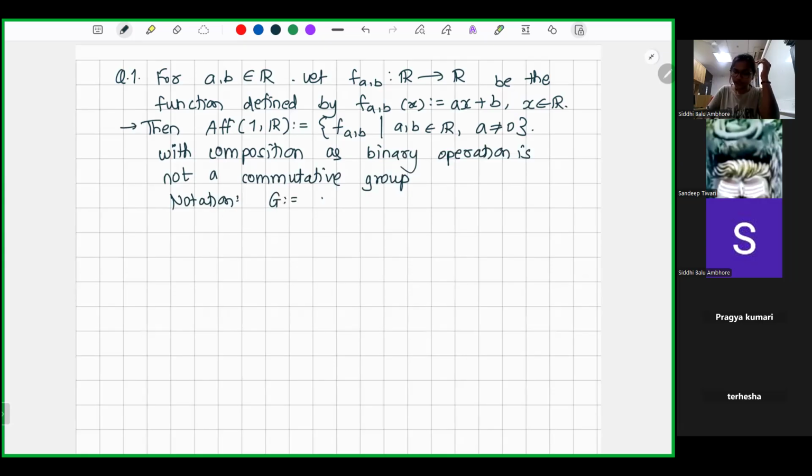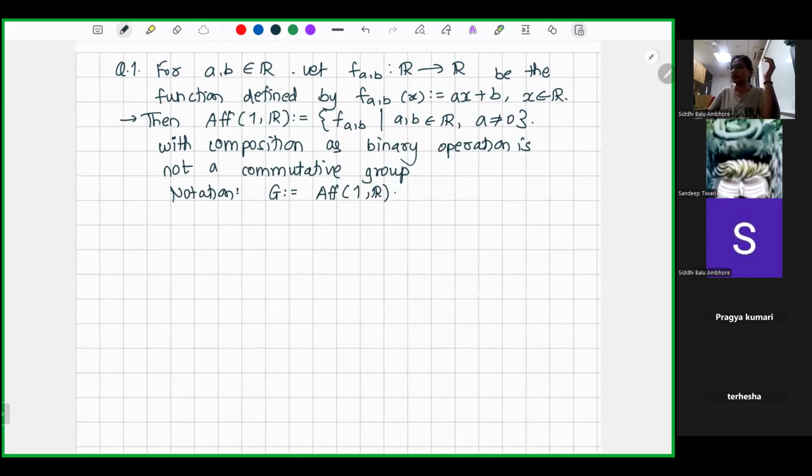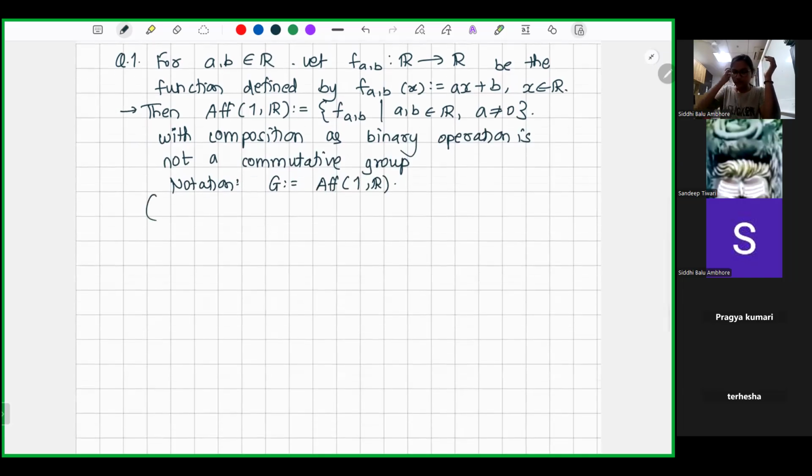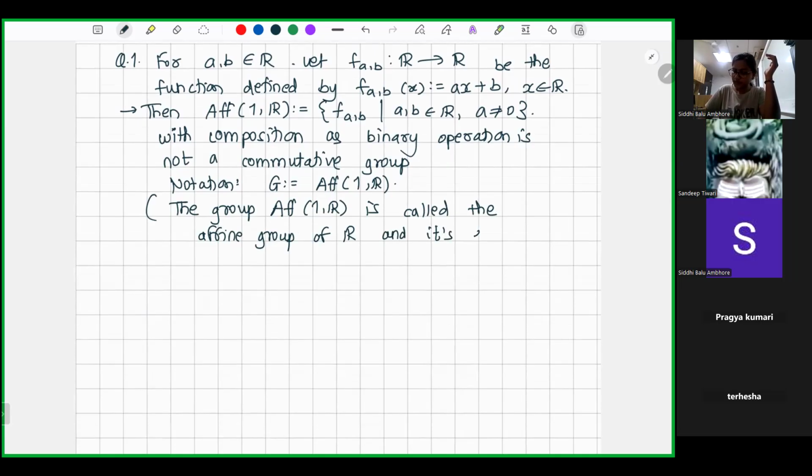So we have to check this statement. Let us just set notation here: let G be this AFF(1, R), just for convenience. This group AFF(1, R) is called the affine group of R, and its elements are called the affine linear maps.